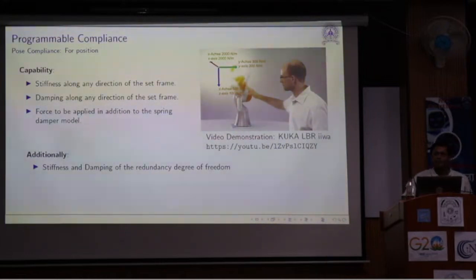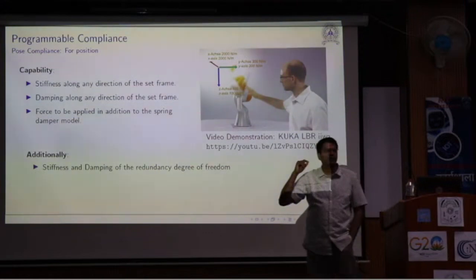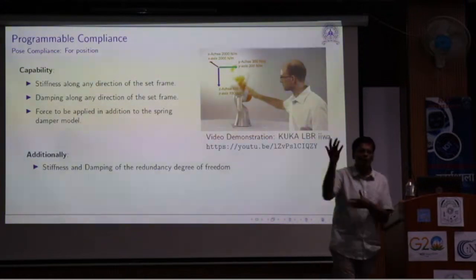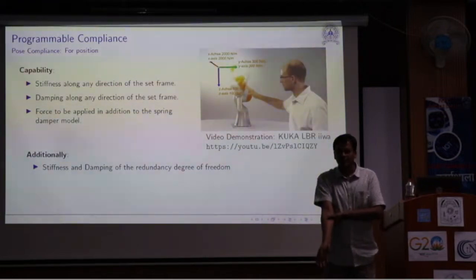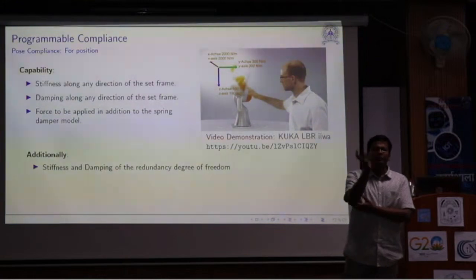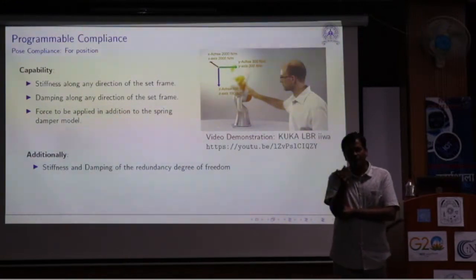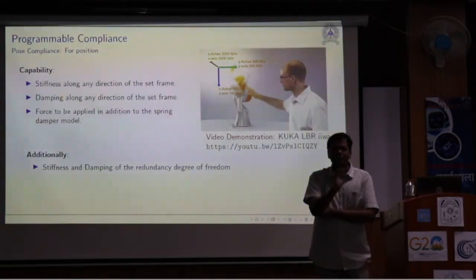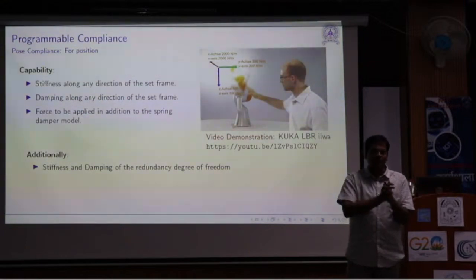You have a redundant robot. This robot is a redundant robot, right? Why is it redundant? This robot is a 7 degrees of freedom robot. How many degrees of freedom does your arm have? Six. I can take any object in space in how many ways? 6 ways. The end effector can reach in 6 ways, but this robot is redundant.